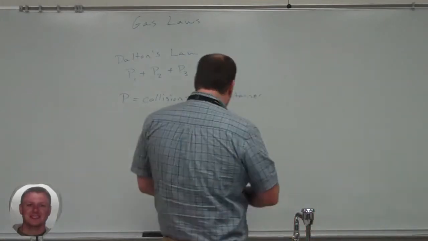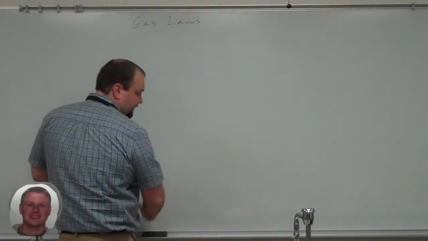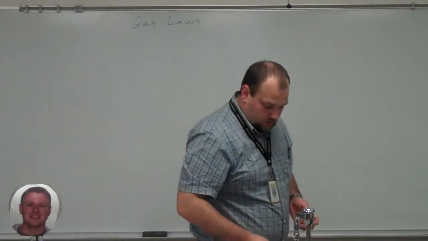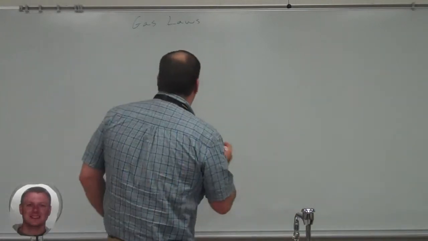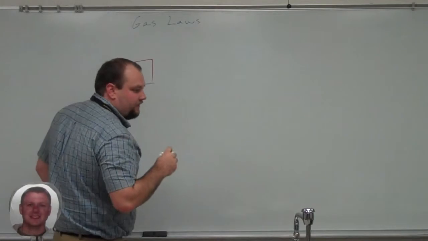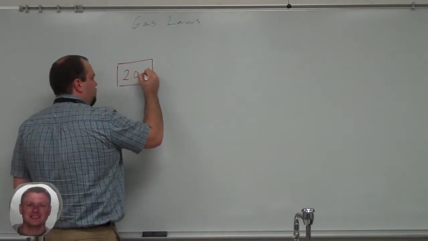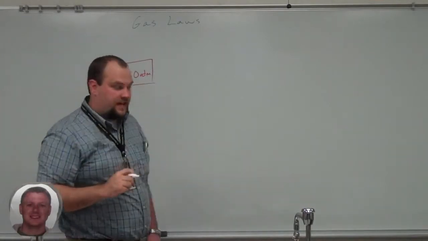Okay, so let's say I have 3 containers. Let me grab a different color because I'm not really liking this blue. The red seems to pop pretty well. Let's say I have 3 containers. The first container has 2 atmospheres of a gas in it.